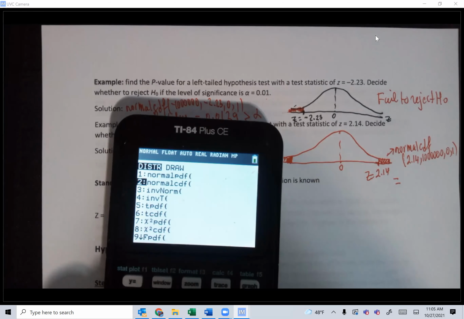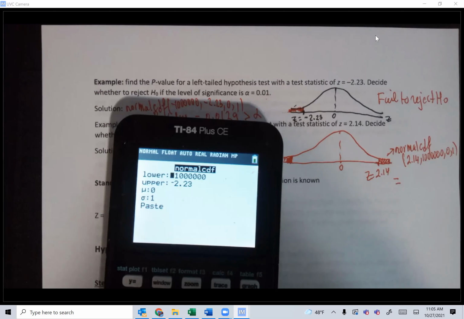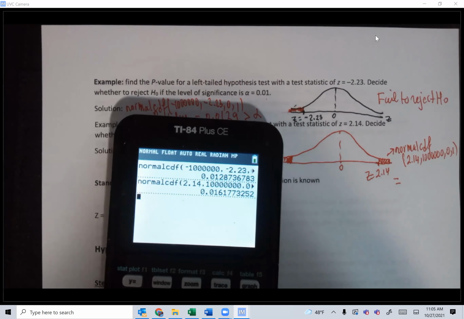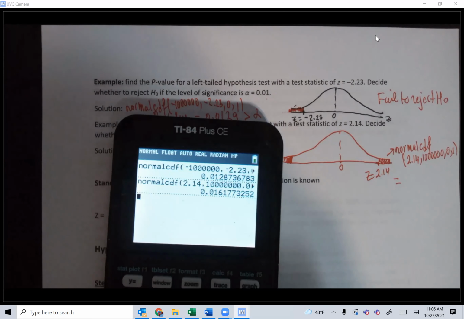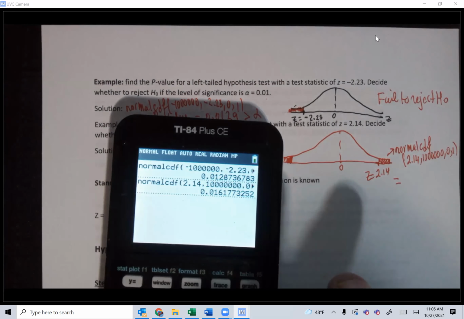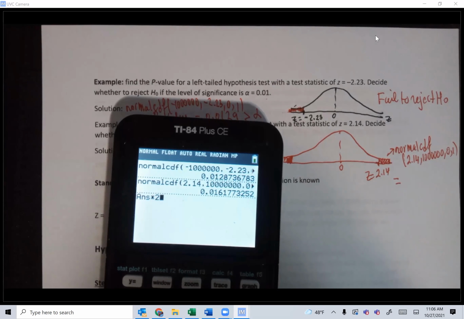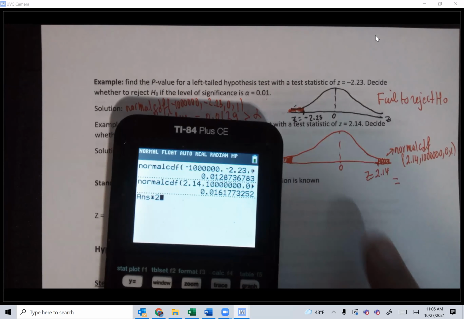But again, you will see later that you don't have to do it this way. I'm just giving you a feel, a visual of what the p-value is. Okay, I got 0.016177, but remember, this is a two-sided p-value. Just multiply the answer by 2, because you have area on the left and area on the right.